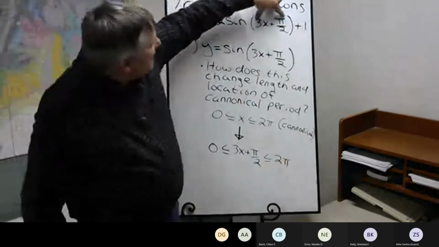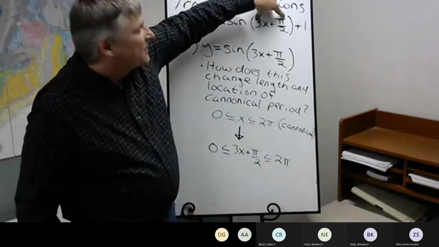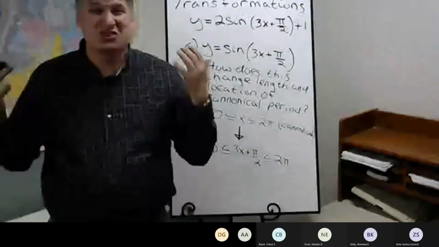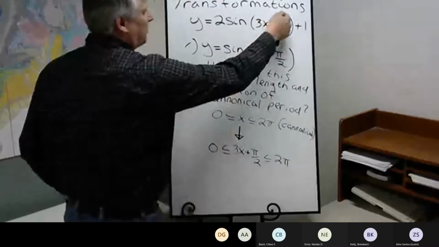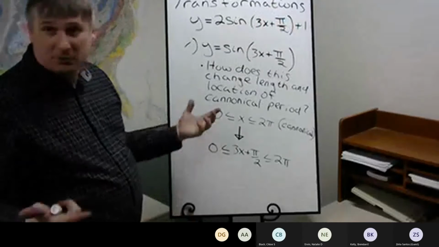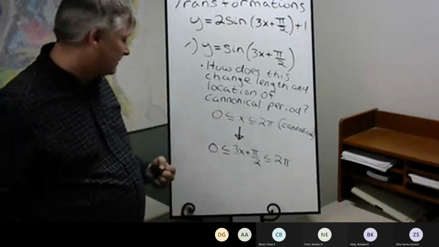So the entire piece here, if we think of it as, instead of calling it 3x plus pi over 2, we call it just theta. Like this whole thing, which is called theta. Well, theta would be between 0 and 2 pi.